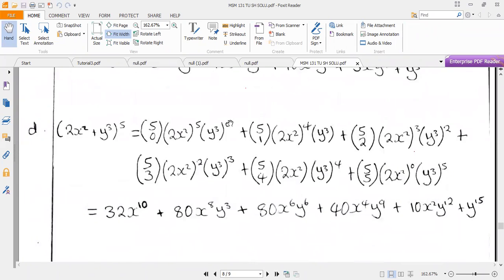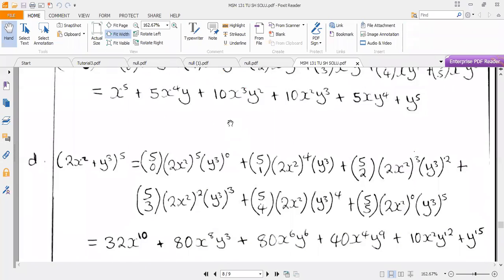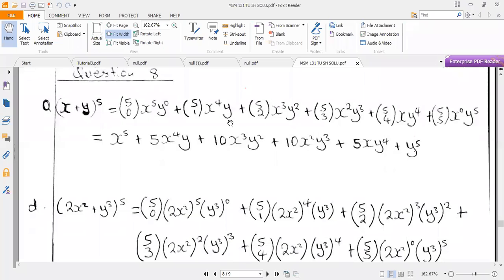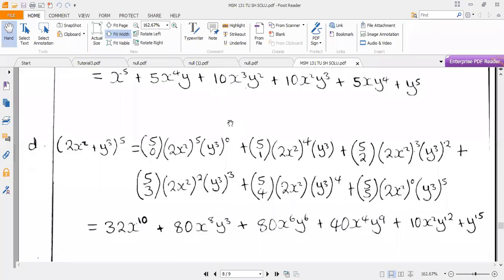All right. We got to question D. So I'm going to skip B and C. I'll go to D. So (2x squared plus y cubed) to the 5. So the same procedure: 5 choose 0, 5 choose 1, and so on. Then this will be 2x squared to the 5 and y cubed to the 0.